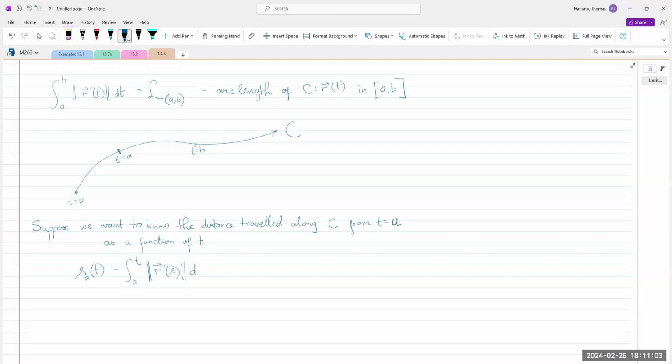Yes, you know what? Let me not use s. I need to use a different variable, different from the t. Let me think of something else. Maybe u, because we already have s there too. Okay, let me use u.